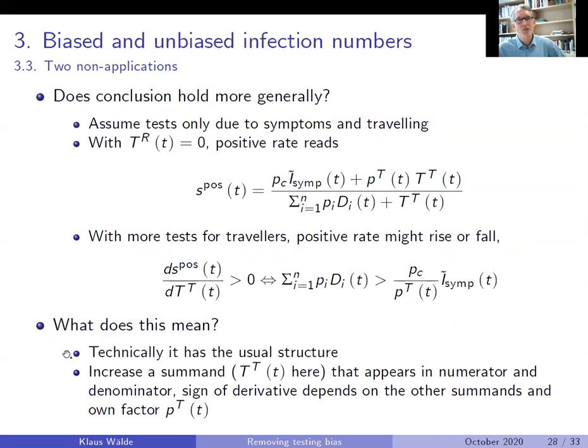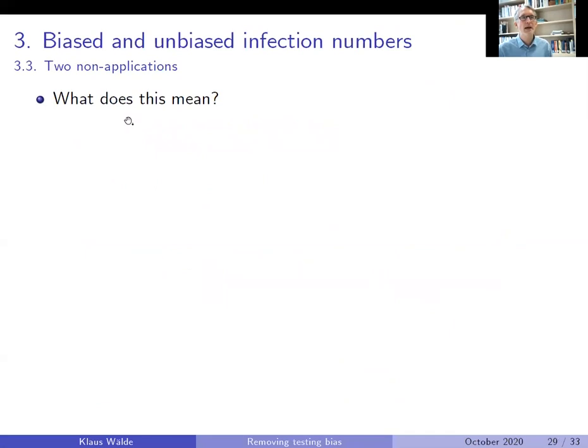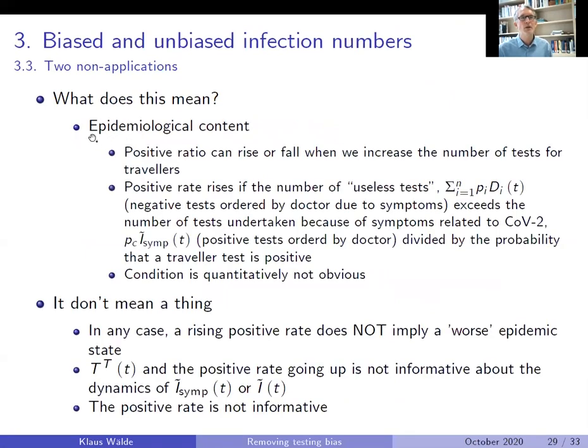First, technically, when we compute this derivative with respect to dt, which is in the numerator and in the denominator, we get a structure which is very familiar from other sources. So it makes sense technically, but technically maybe this is not so important. So let's ask, what does this mean from an epidemiological background, with an epidemiological question?